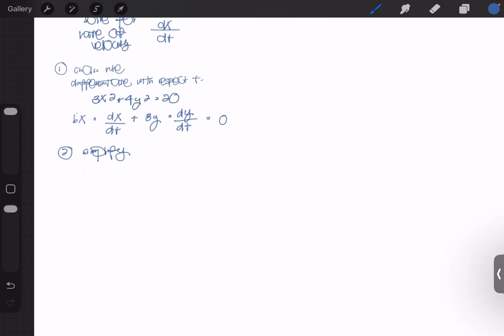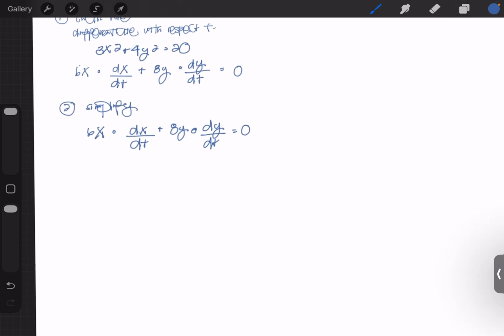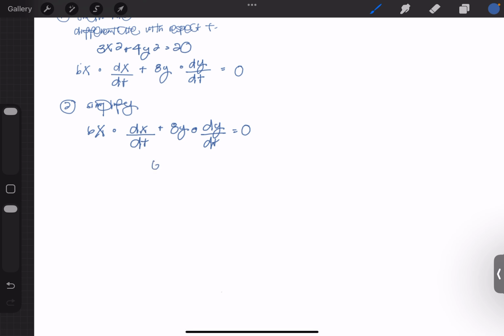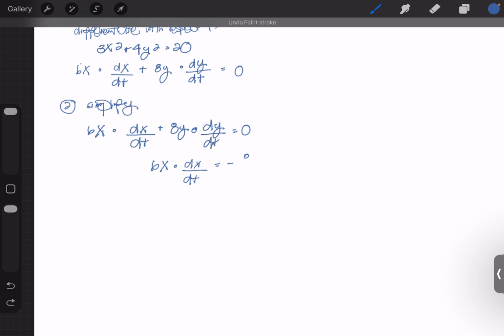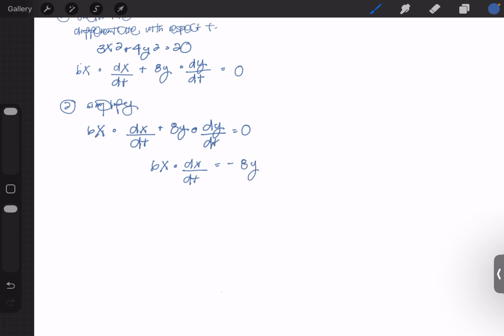We can subtract 8y multiplied by dy over dt from one side and move it over to our right side, so it's going to be negative 8y multiplied by the derivative of y with respect to t.